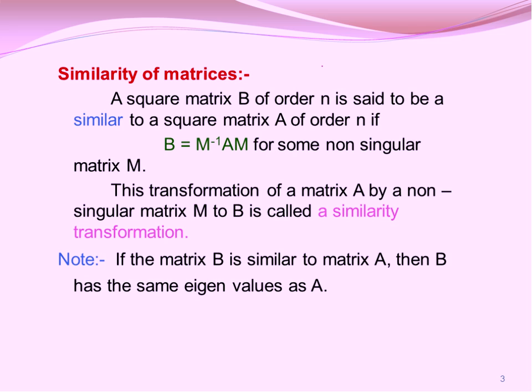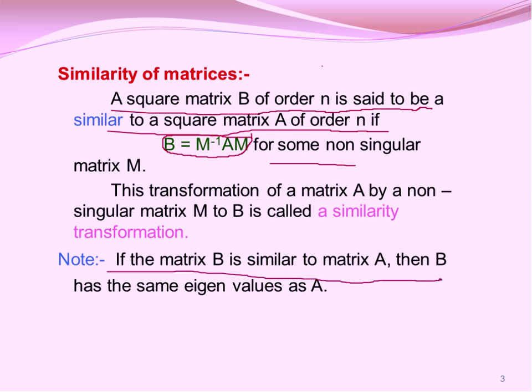Next is similarity of matrices. A square matrix B of order n is said to be similar to a square matrix A of order n if B = M inverse AM, for some non-singular matrix M. This transformation of the matrix A by a non-singular matrix M is called a similarity transformation.